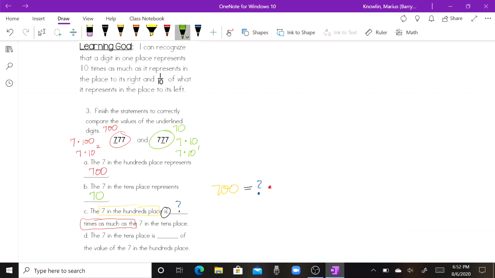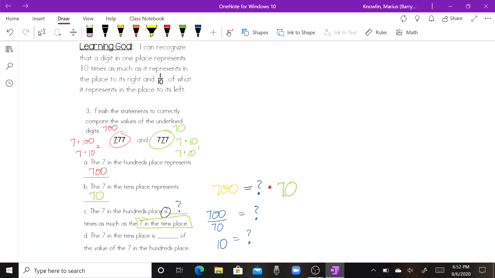And then we have 7 in the tens place. Well, 7 in the tens place represents 70. So really, we're trying to figure out what times 70 equals 700. Well, if we wanted to solve this, the question mark, the blank, is equal to 700 divided by 70, which makes our question mark equal to 10.